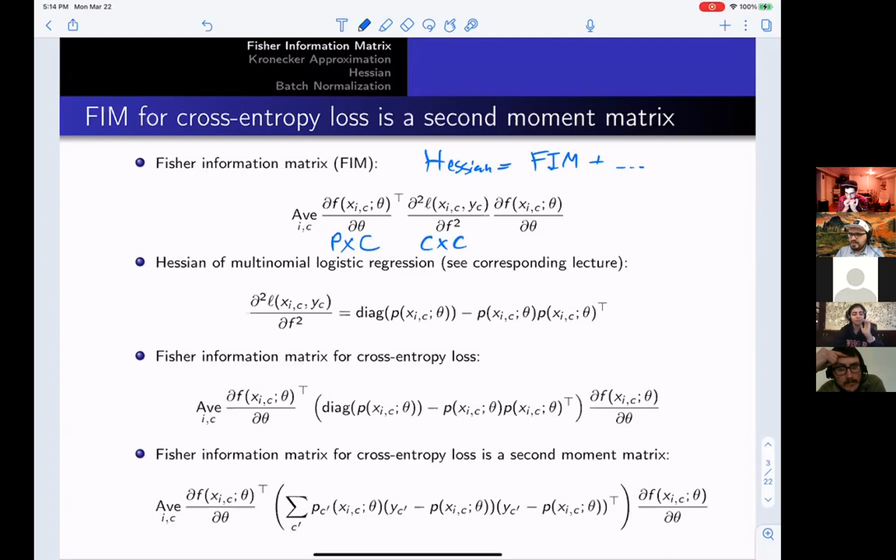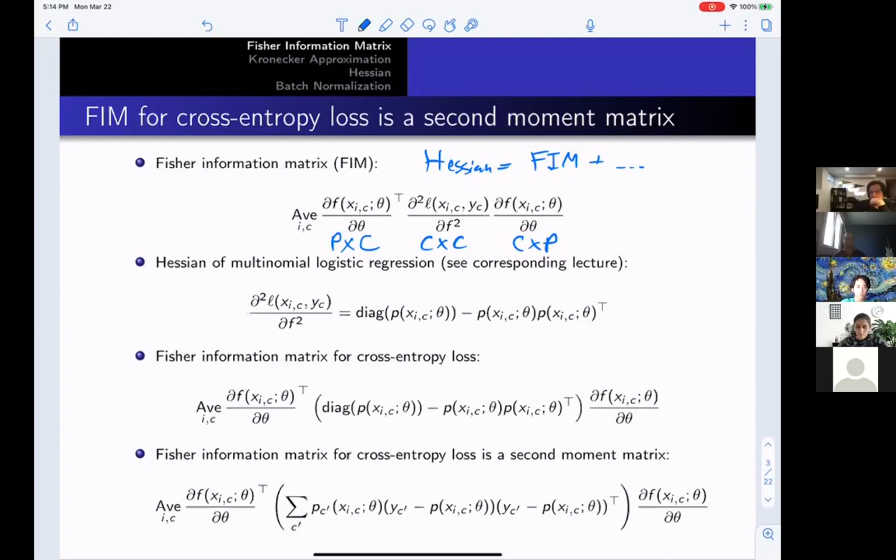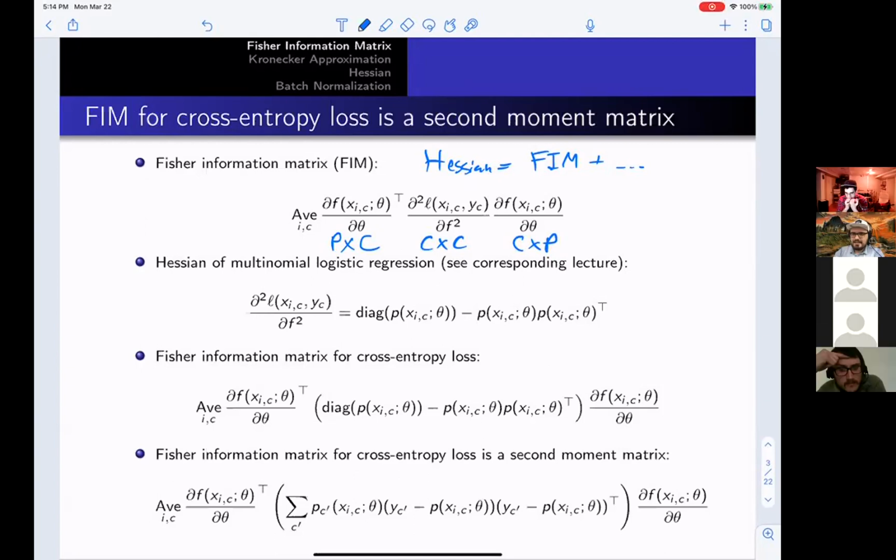And the last matrix is just the transpose of the first one, so it's C times P. Now, if you remember, if your loss is the cross entropy loss, then the second derivative of the cross entropy loss with respect to the outputs of the network is essentially the Hessian of the multinomial logistic regression model.